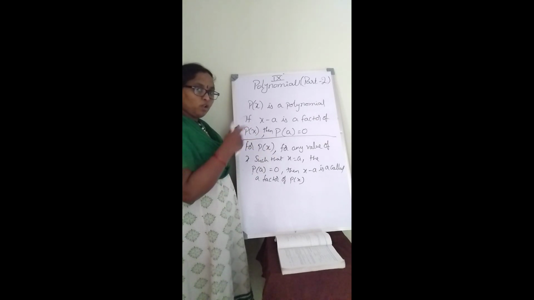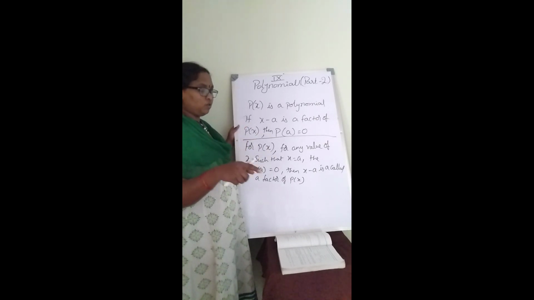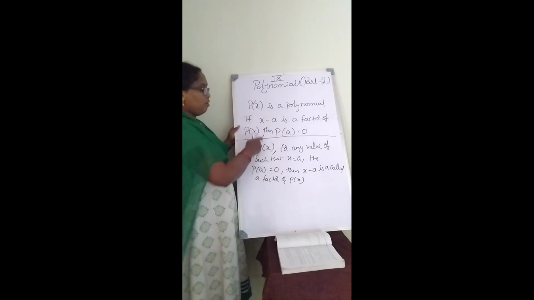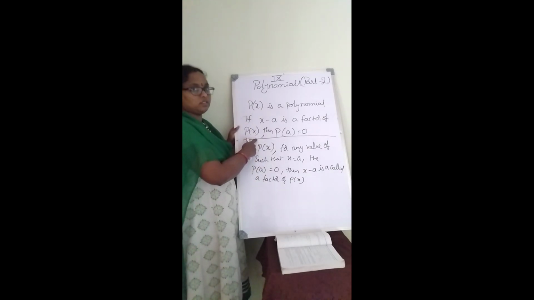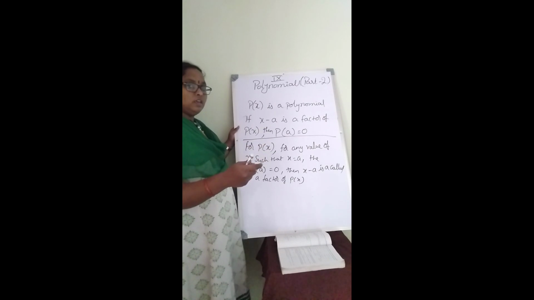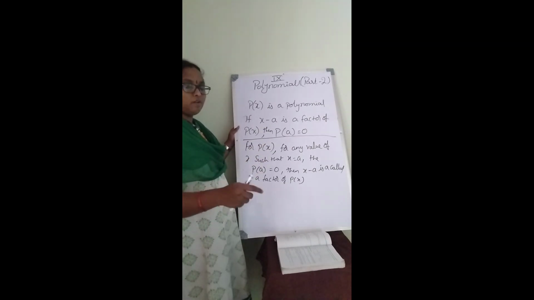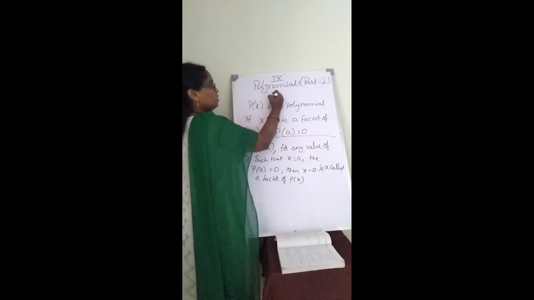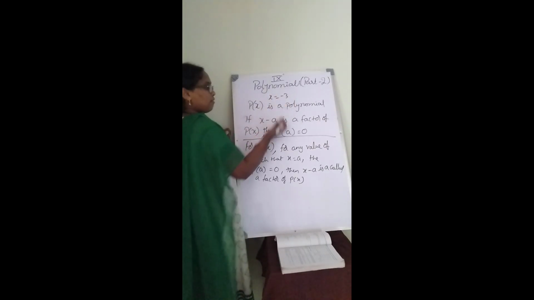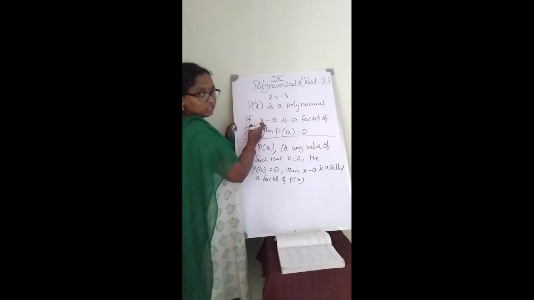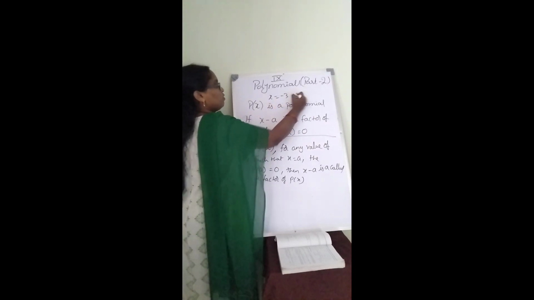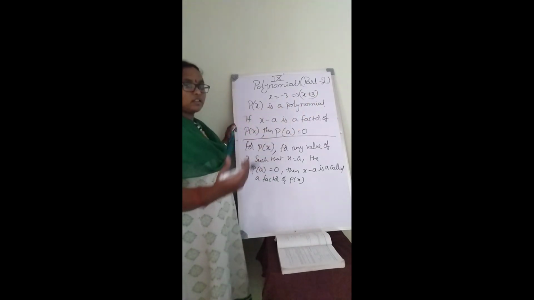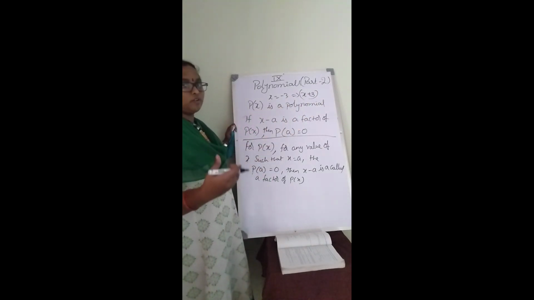If the whole calculation gives you 0, then you have to conclude that x plus 3 is a factor of the polynomial. Since x is equal to minus 3, the p of x is 0. Factor means x minus a form, so we convert it: x plus 3 is a factor of the given polynomial. Like this you have to conclude.